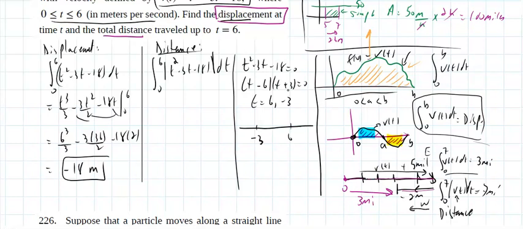The longer way is to pick points, and of course you don't care about negative because you want to start from 0. But if you pick a point between negative 3 and 6, any point just to test the absolute value, you could pick 0. If you put 0 there, that's negative. Pick a point to the right, say 7. If you put 7 in there, that's positive times a positive, which is a positive.